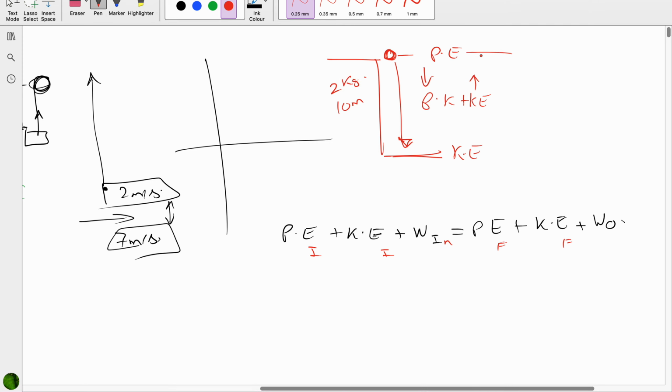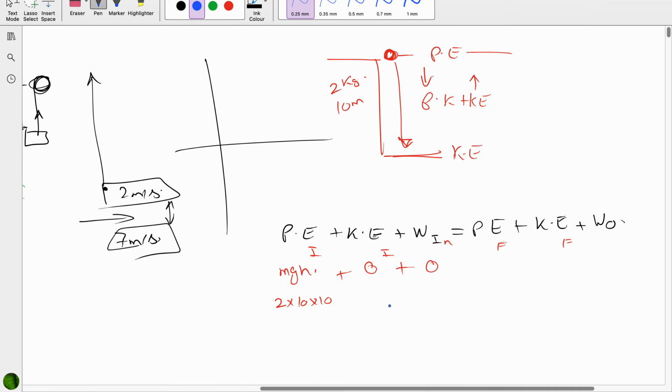So basically the potential energy right here is initial potential energy, which is mgh, which would be m into g into h. And kinetic energy at this point, we know that it is being released from rest, is 0. Work in, there's no engine on this ball, so it is again 0.